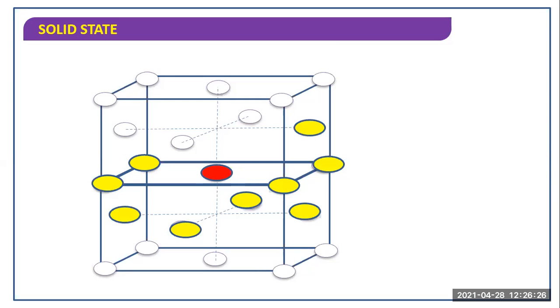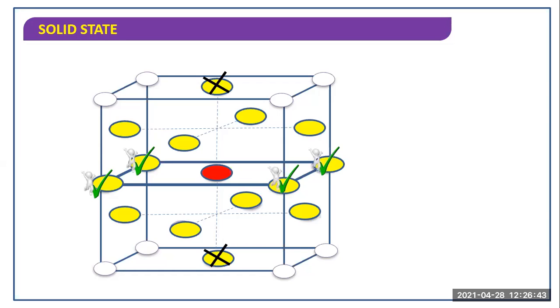This is the face center. So this is 12 atoms surrounded by it. Okay, this is the count: 1 2 3 4 5 6 7 8 9 10 11 12. This is 12.